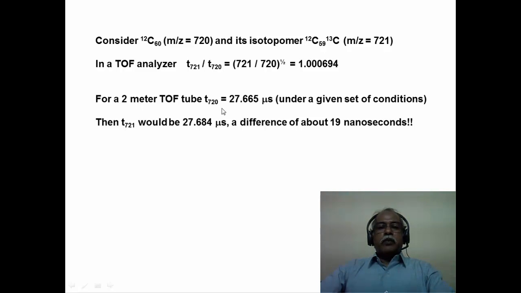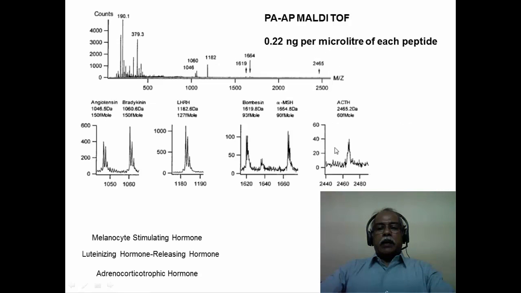So for a 2 meter tube, the 720 molecular ion peak will take about 27 microseconds to reach the detector under a given set of conditions, and the 721 mass unit isotopomer will take 27.684 microseconds. A difference of about 19 nanoseconds is needed for the separation of these two ions in a flight tube of about 2 meter length. And this essentially illustrates the resolution of the mass spectrometry, in terms of being able to separate masses of one mass unit difference by about a 19 nanosecond difference in their time of flight.